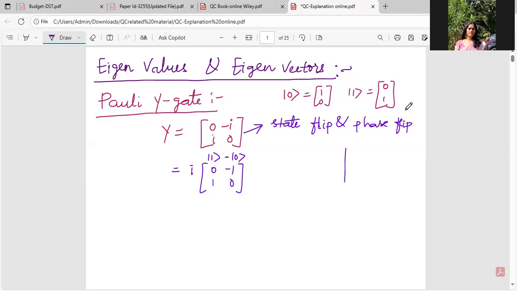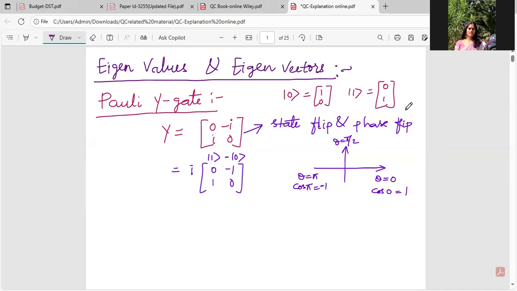Coming to phase flip, let me put it in an easier way. Suppose I have this way of representing theta is equal to 0, theta is equal to pi, the polar way of representing. Cos 0 would be 1, cos pi by 2 would be 0, and cos pi would be minus 1. So here I can see that there is a state flip, where ket0 and ket1 are flipped.